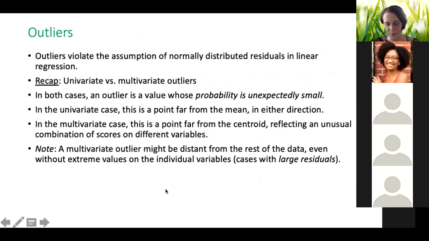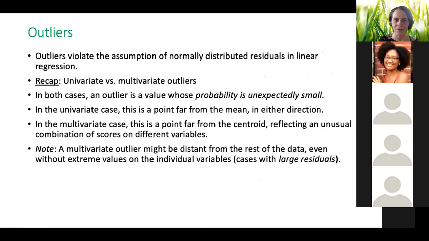Okay, so these were the formal assumptions that have to be met for our t-test and our F-test, to test the regression weights, the t-test, and the R-squared F-test. But a really big problem for regression analysis can be outliers. I mentioned that before.